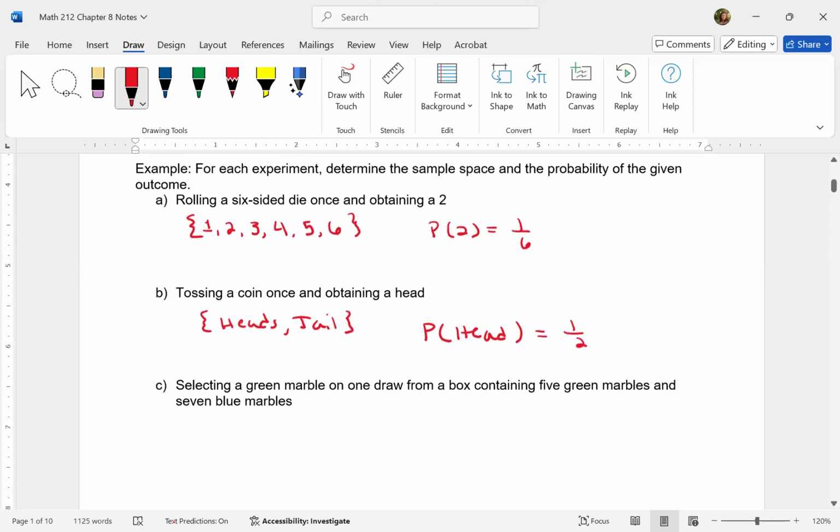Selecting a green marble on one draw from a box containing 5 green marbles and 7 blue marbles. In this case, our sample space is the marbles. So we would have the 5 green marbles and 7 blue marbles.